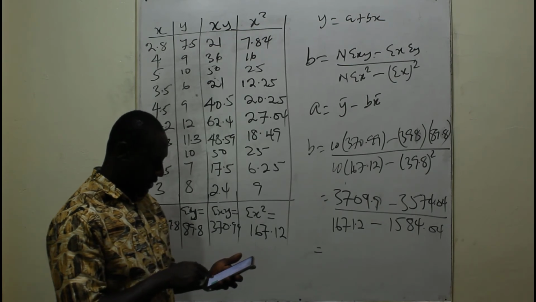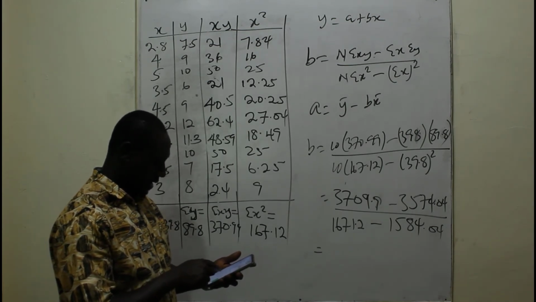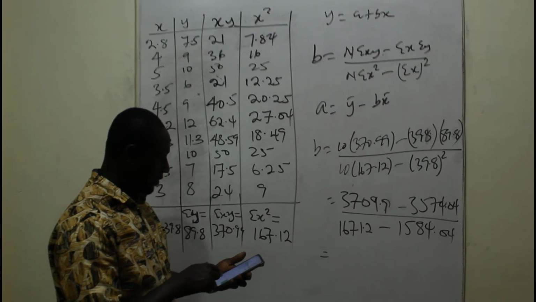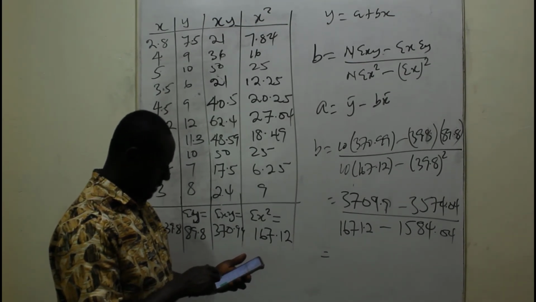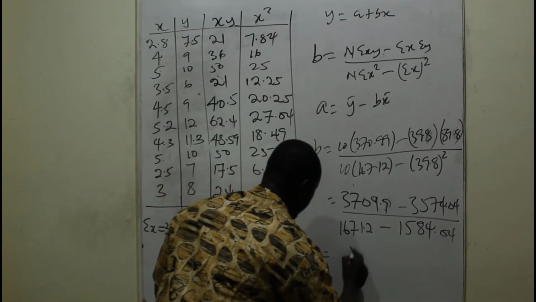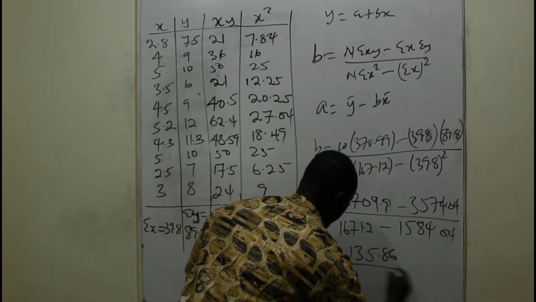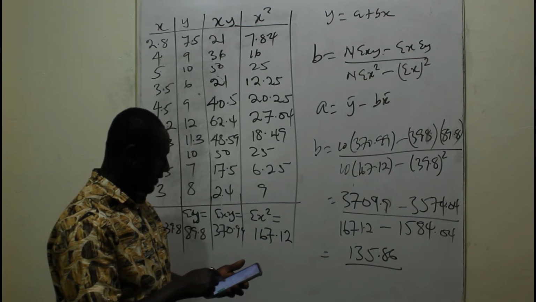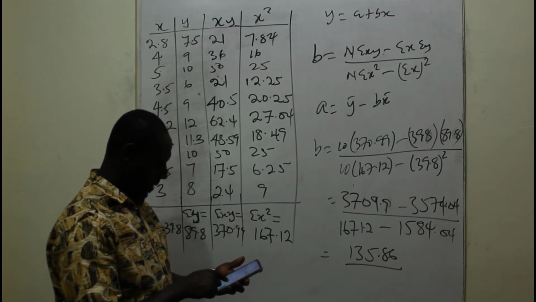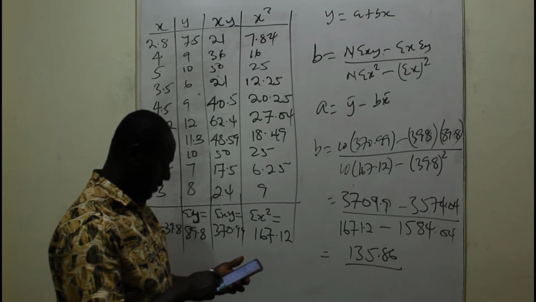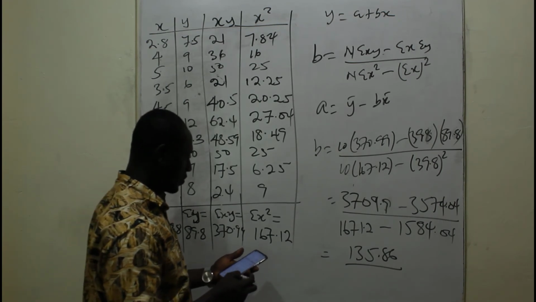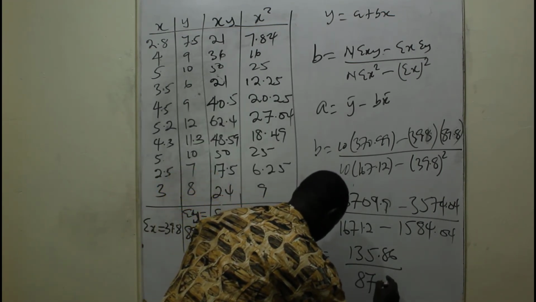The numerator is going to have 3709.9 minus 3574.04, and that gives you 135.86, divided by, then we also have 1671.2 minus 1584.04, and that is giving you 87.16.